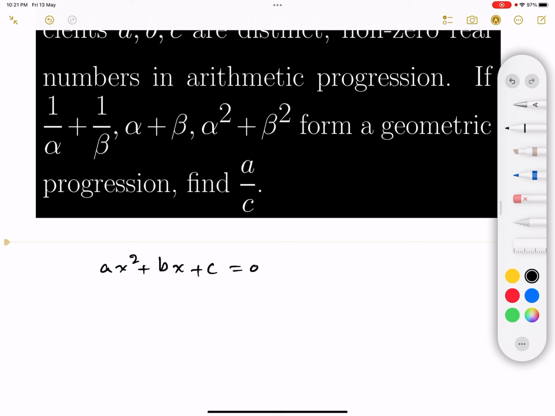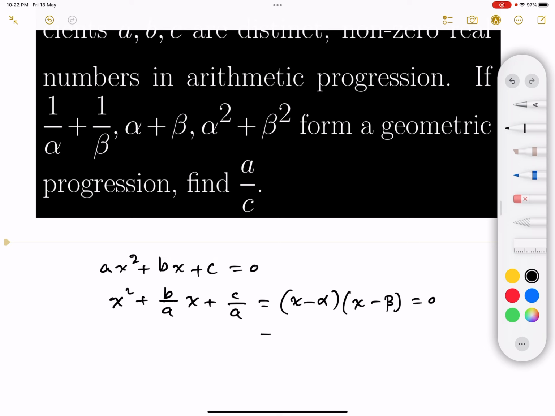With that, we get x squared plus b over a x plus c over a equals 0. And since this quadratic equation has alpha and beta as its roots, we can equate this with x minus alpha multiplied by x minus beta, equal to 0.